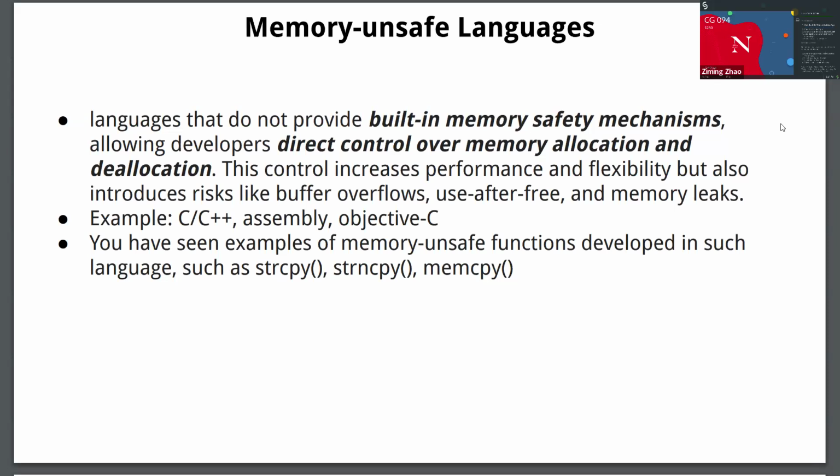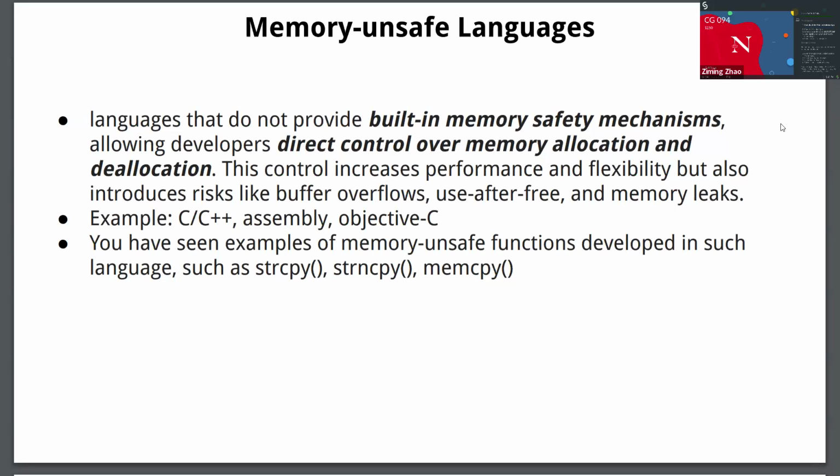And you have seen some examples of memory unsafe functions in the C library. Those are standard library functions in the standard C textbook, even the classic C textbook authored by the authors of C, and they have bugs, right? Functions like string copy or even the safer version, string n copy, are not really safe.